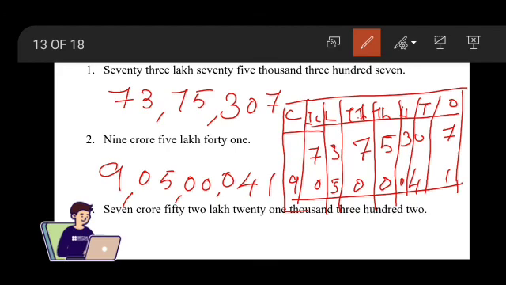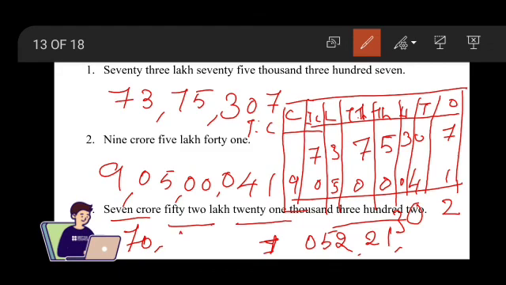The third problem, 7 crore 52 lakh 21,302. 70 crore 52 lakh 21,302 is the given number.